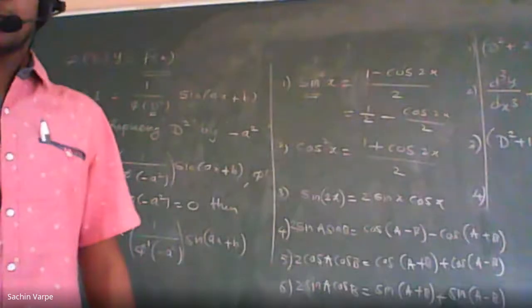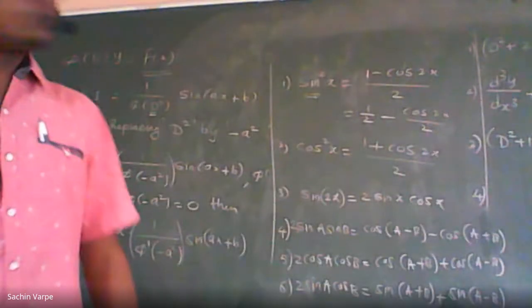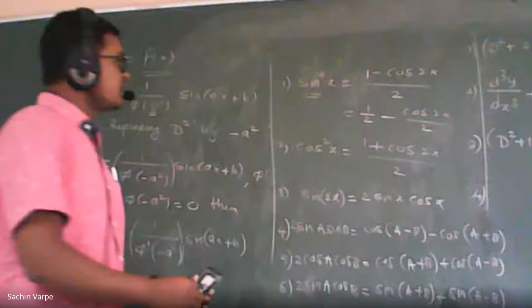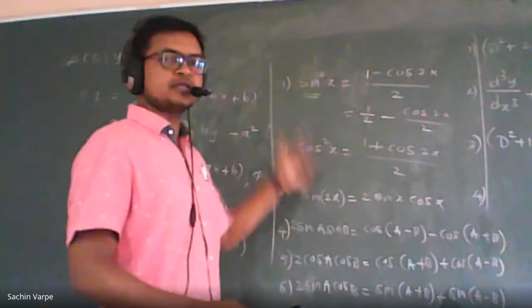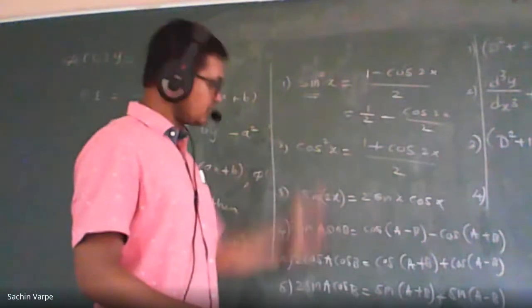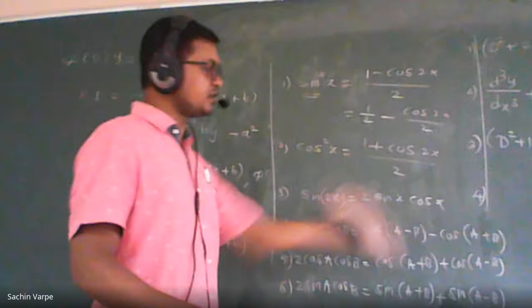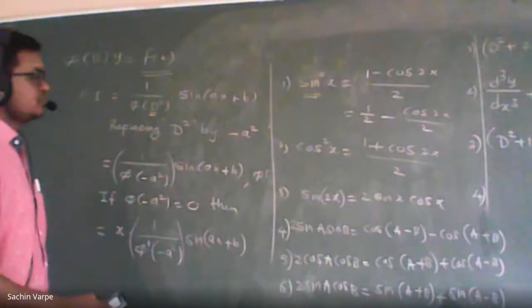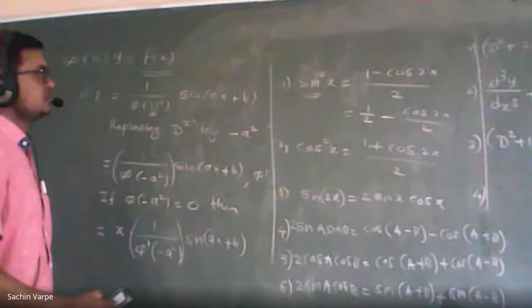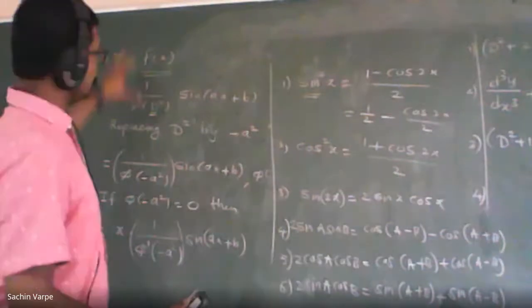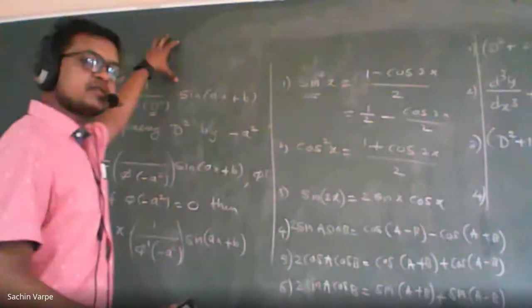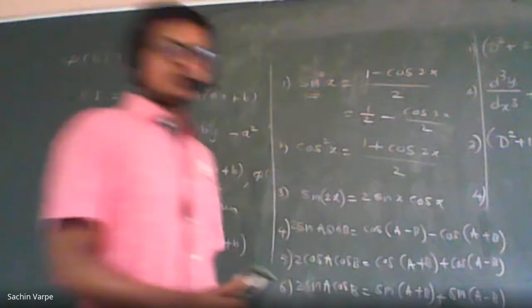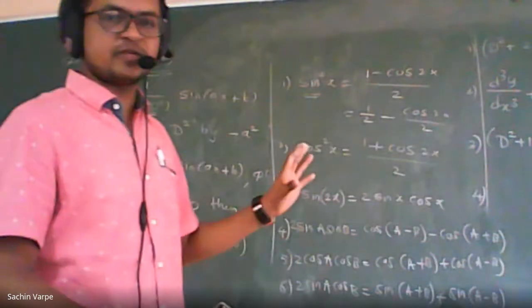So these are the important formulas which we require to convert non-linear sine and cos into linear sine and cos. All right. So please ask if any doubt. Remember, this case is applicable only for linear sine and linear cos, and the phi of d must be in terms of d square.